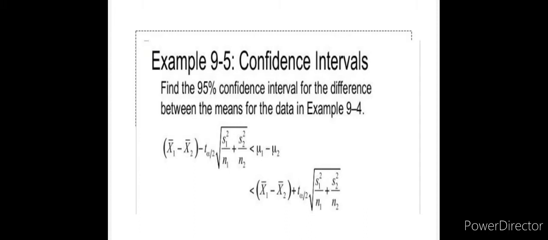We have a formula: the first population mean minus second population mean is greater than the first sample mean minus second sample mean minus the test value times the square root of first standard deviation squared divided by first sample size plus second standard deviation squared divided by second sample size, but less than the first sample mean minus second sample mean plus the test value times the same square root.